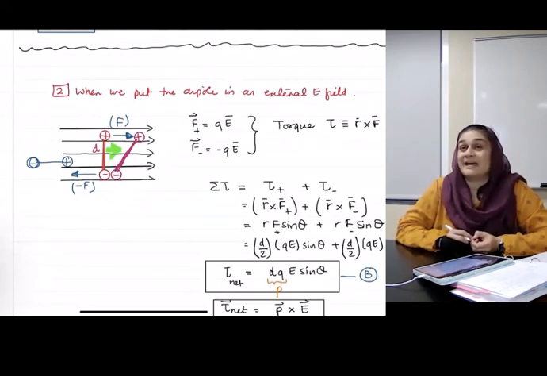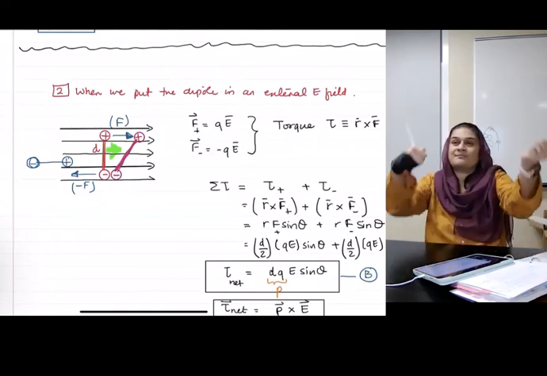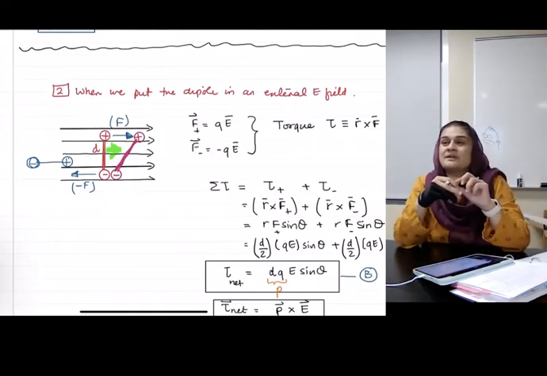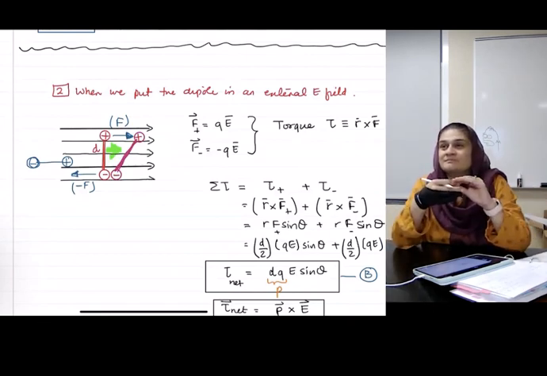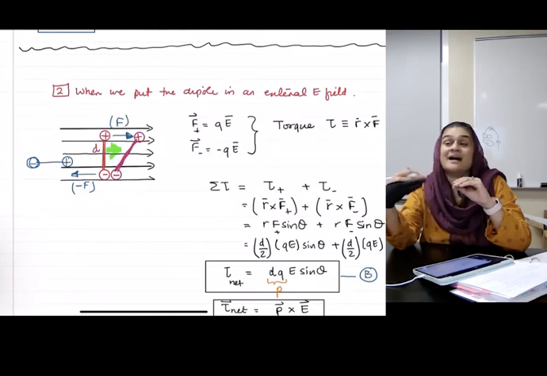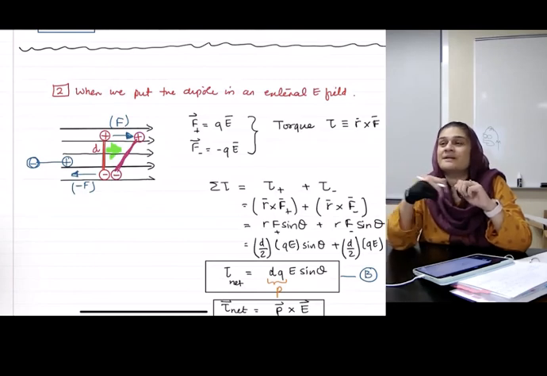No, right? Because the angle between the P and the E are exactly the same. It will not experience any torque. Sine of 0 is 0. Got it? So in order for it to have a torque, yes, Nick?